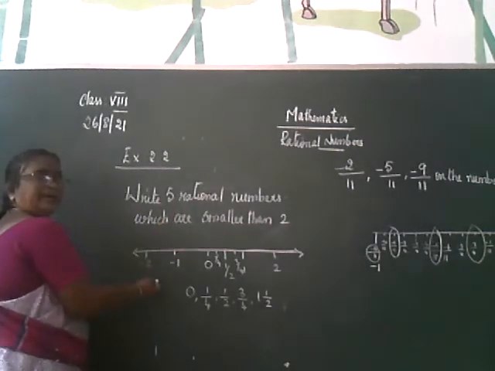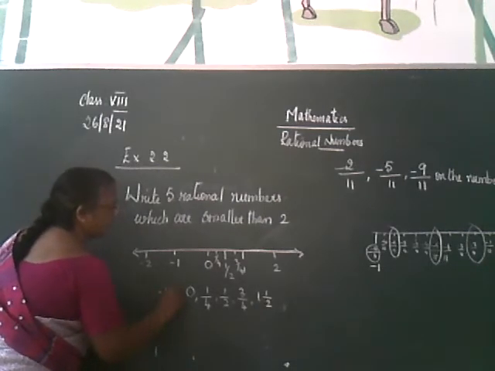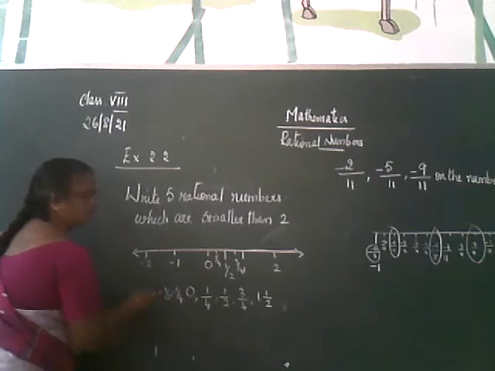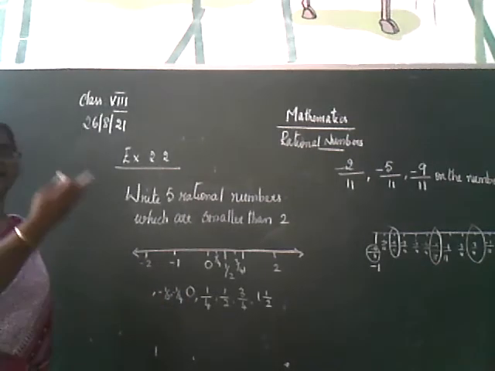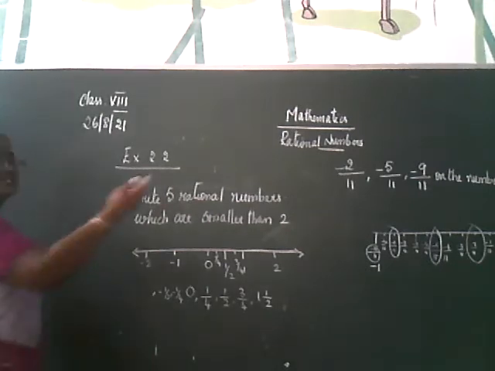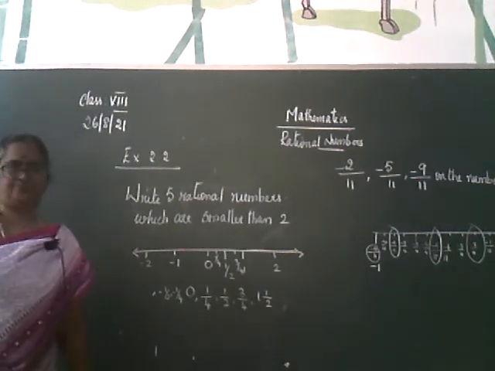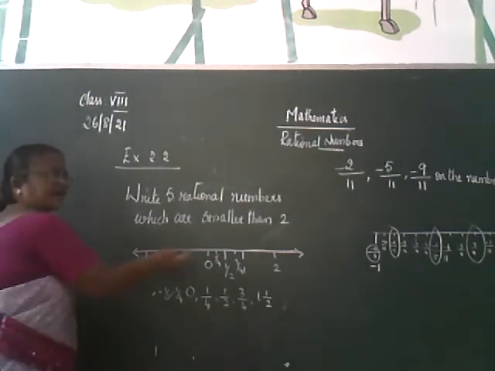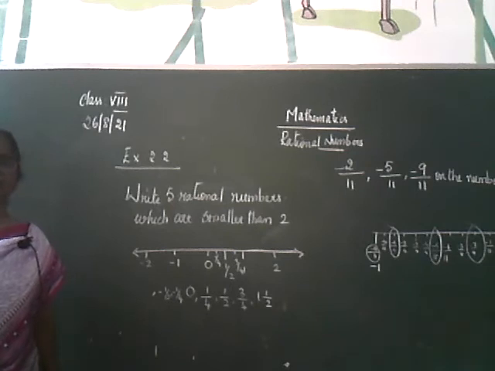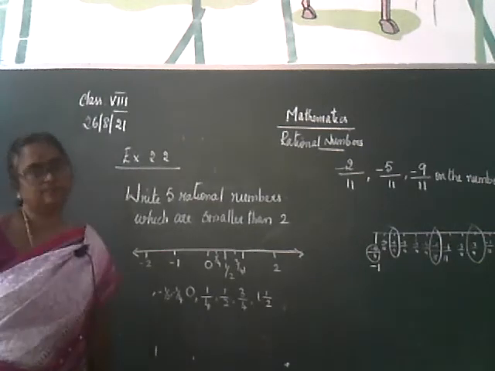This side you can write minus 1 by 2, minus 1 by 4. That also you can. So you can write any number of rational numbers which are less than 2, because all negatives are less than positives only, isn't it? So you can write any number of rational numbers less than 2.